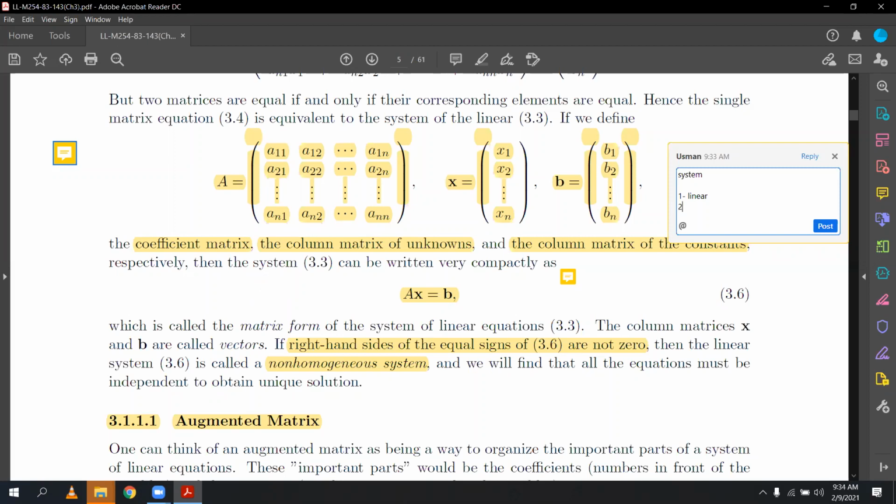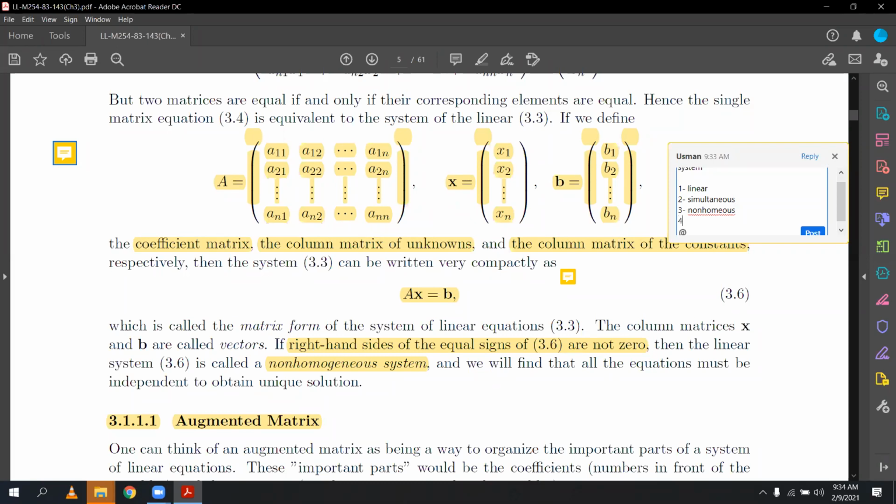Number 2, it should be what? It should be a simultaneous system. Simultaneous system means the number of equations must be equal to the number of unknown variables. Number 3, what is number 3? Your system should be non-homogeneous.